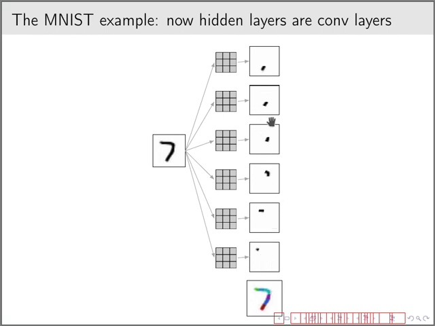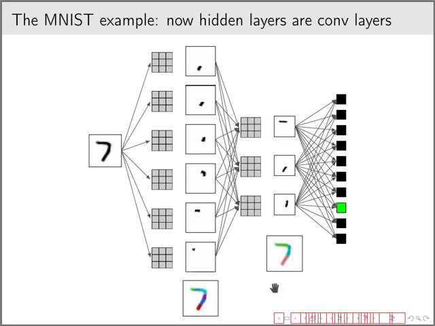So in this way, I'm kind of splitting the image into components, in spatial components. Those are going to be combined by other filters in the next layer, so that when I note that I have horizontal, diagonal, and vertical components in this order, I have the 7 digit.